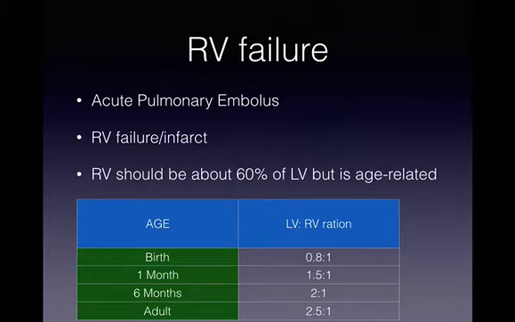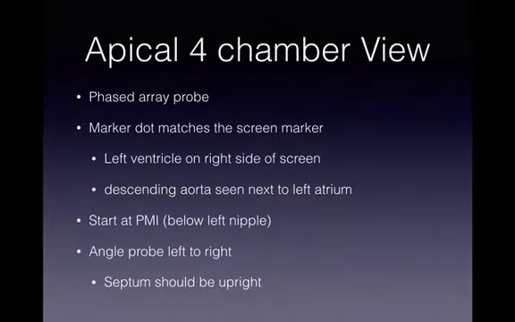So at birth, the right ventricle will be comparatively bigger, 0.8 to 1. At 1 month, the left ventricle becomes bigger, 1.5 to 1. And at 6 months, the left ventricle is 2 times as big as the right ventricle. And by adult, it can be 2.5 times as big as the right ventricle.